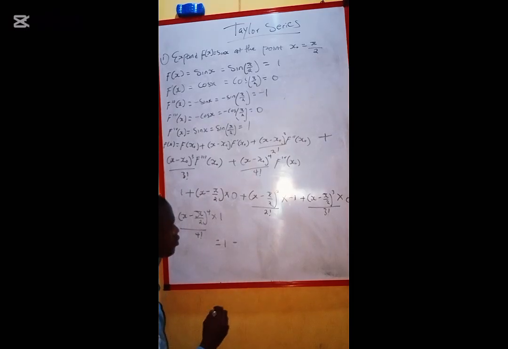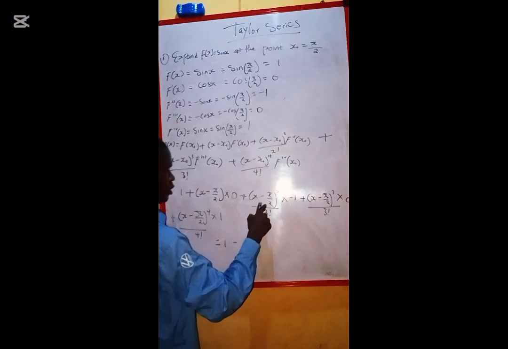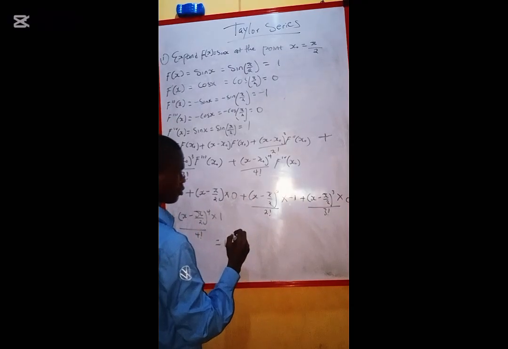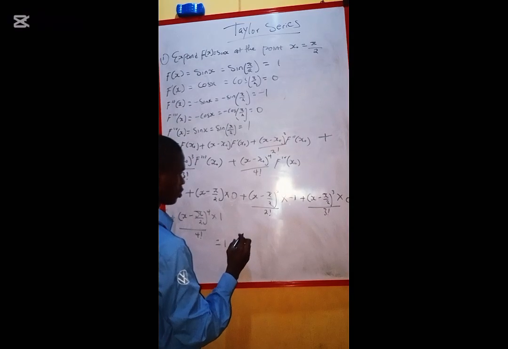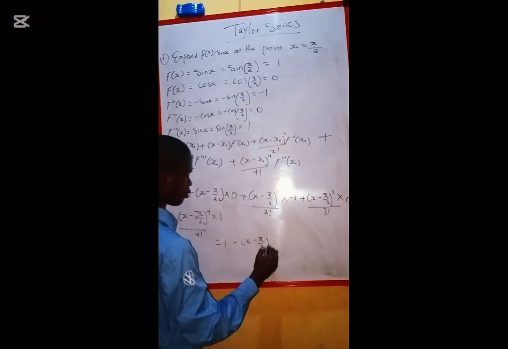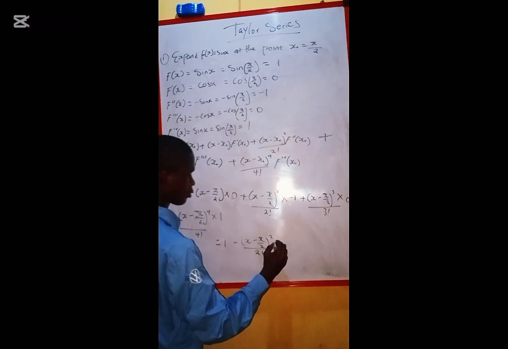1 minus (x minus pi over 2) squared over 2 factorial.